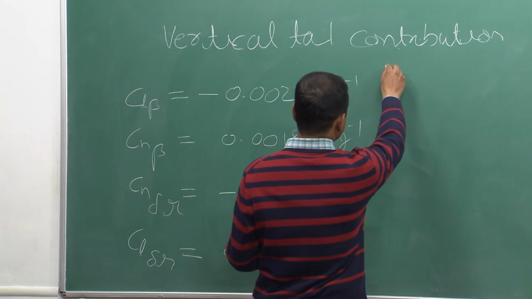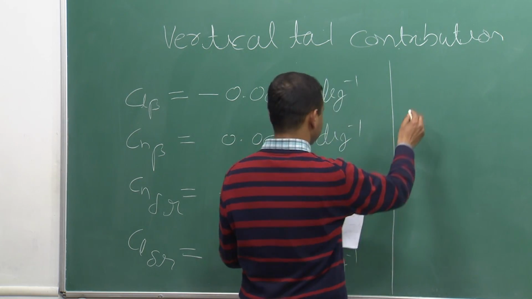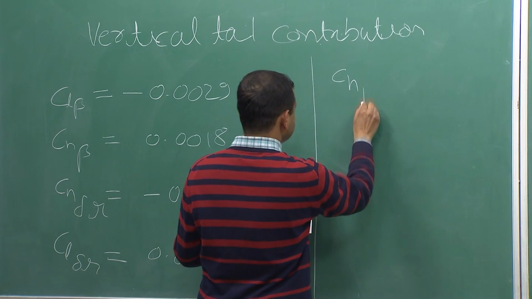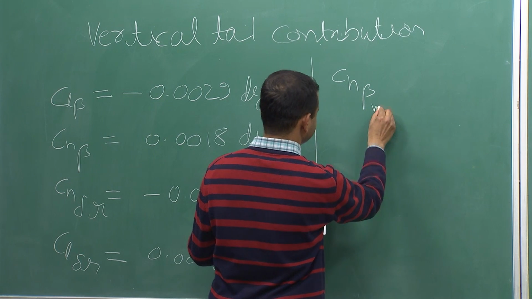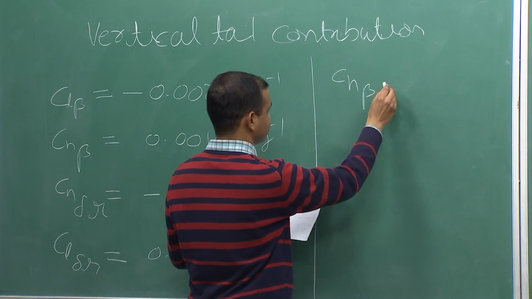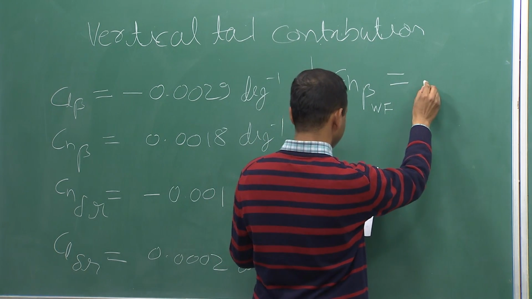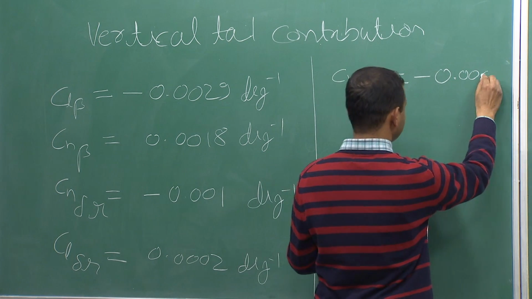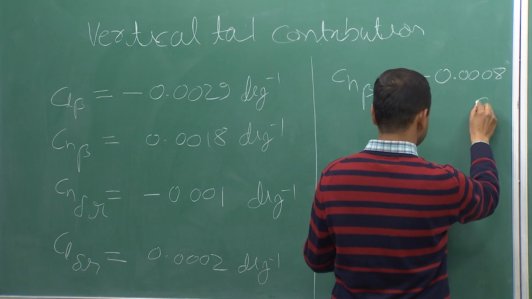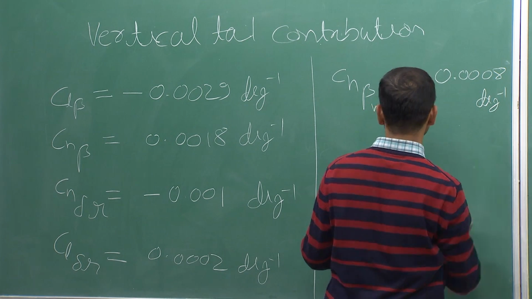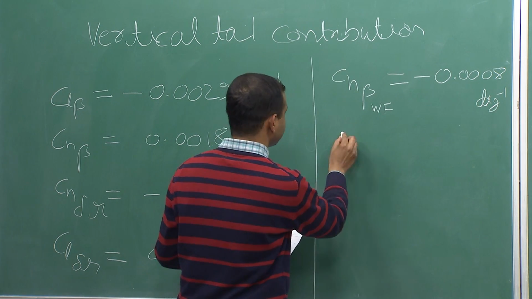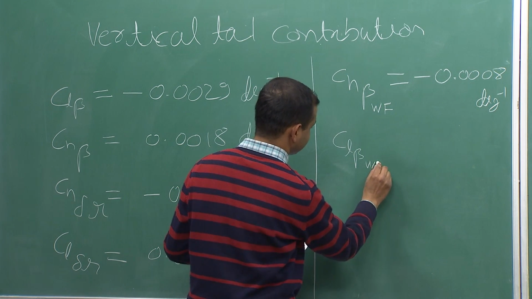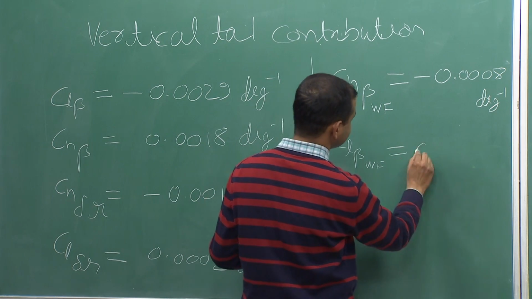And the wing and fuselage contribution for the Cn beta is minus 0.0008 per degree, and the contribution of wing and fuselage towards the Cl beta is 0.